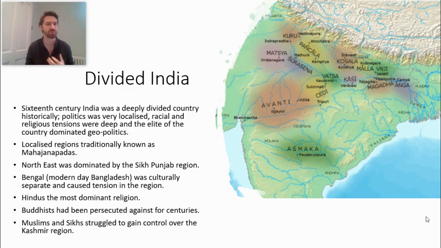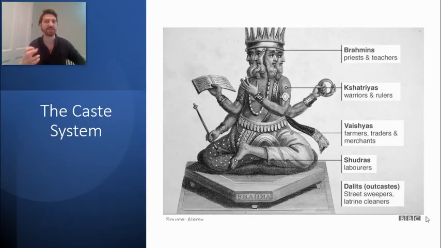You also have the culturally very different Bengal region in the northeast, which is now modern day Bangladesh. So it's a very complicated national scene. And it's not just divided by religion or ethnicity.